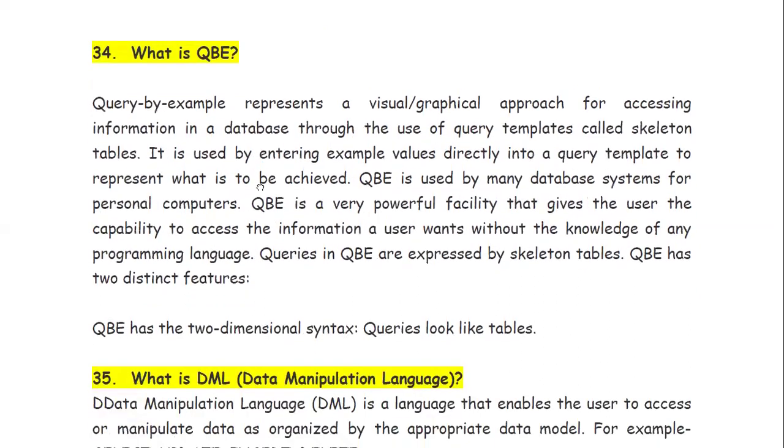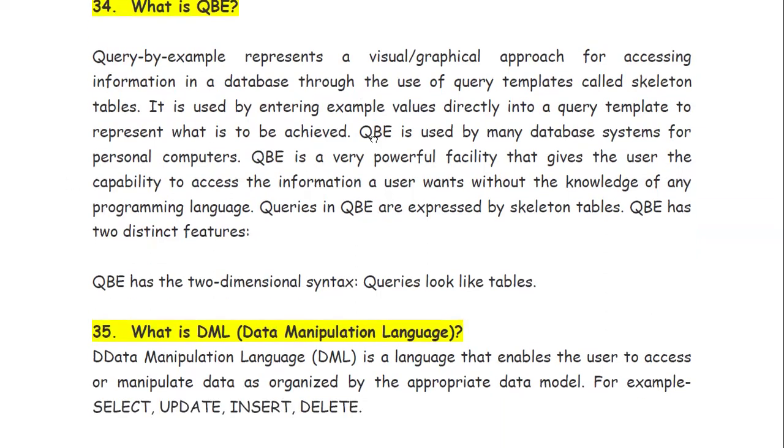Next, what is QBE? QBE, that is Query by Example, represents a visual or graphical approach for accessing information in a database through the use of query templates called skeleton tables.